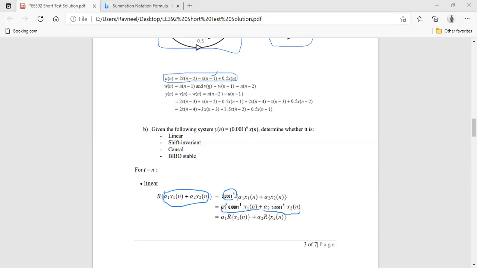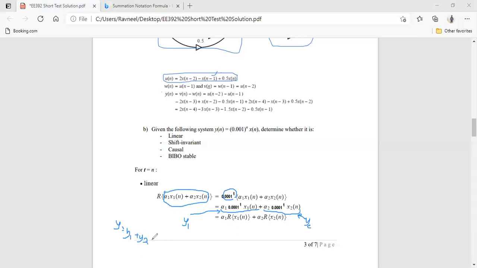We could consider this as y1 and this as y2. If y of n is a summation of y1 plus y2, then it is linear in that particular case.